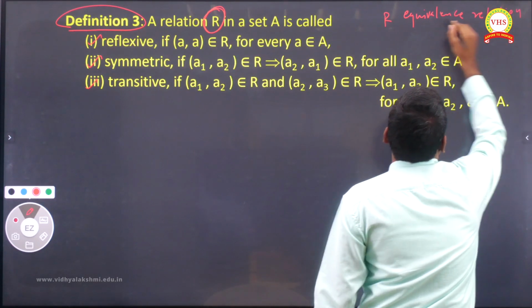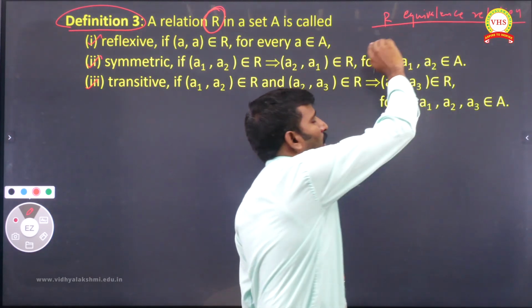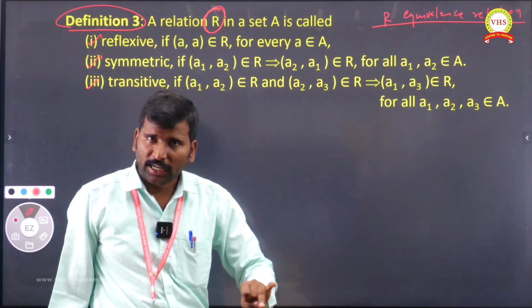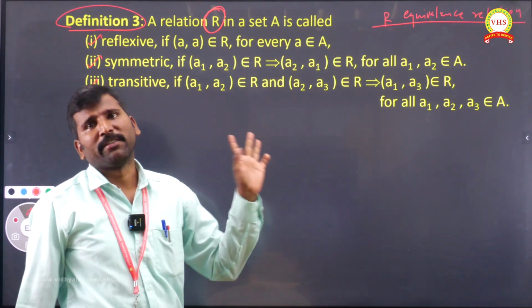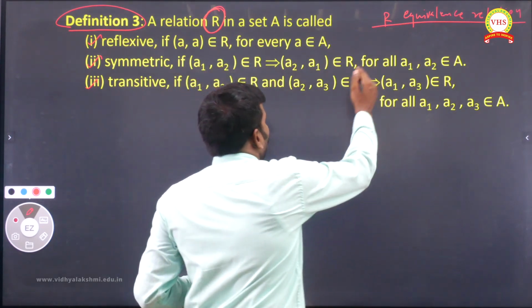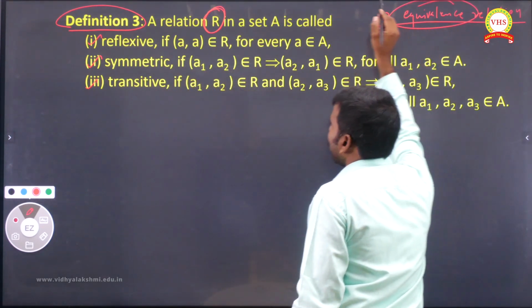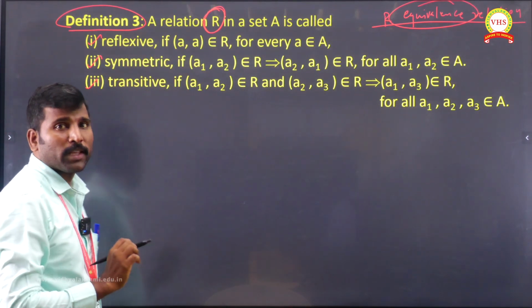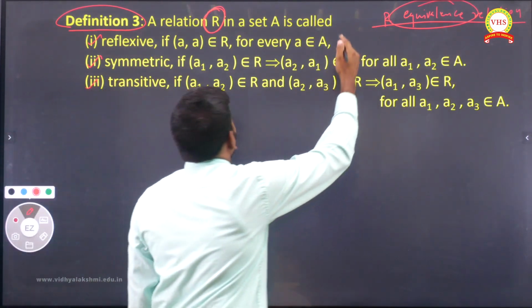What is an equivalence relation? The relation R satisfies reflexive, symmetric and transitive. In that sense, we can say that R is called an equivalence relation. Then for studying equivalence relations, we have to study reflexive, symmetric and transitive. Have you understood? Right.